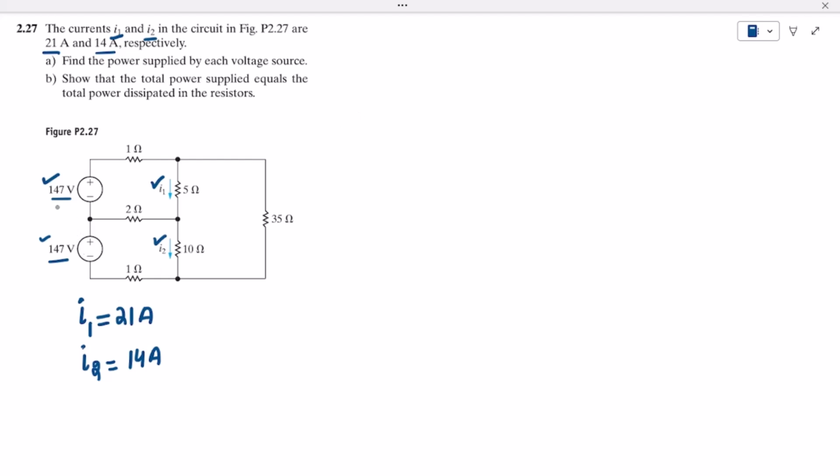In order to find the power supplied by the voltage source, the formula is P equal to I into V. The voltage is known, while we want to find the current. Let me call this current I naught, and the other current Ix.